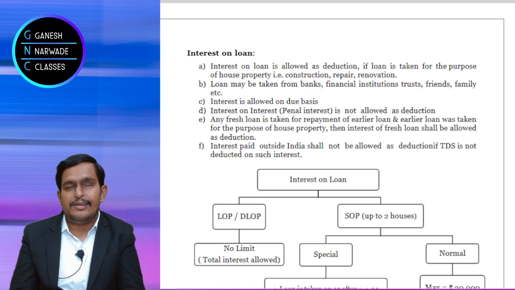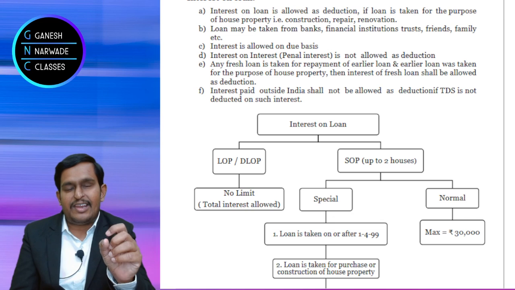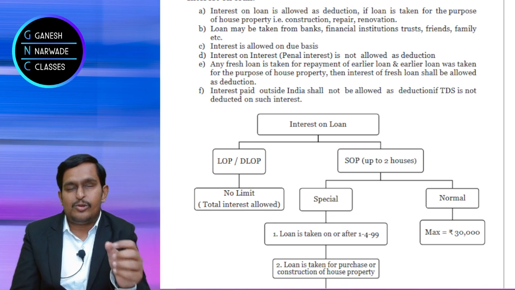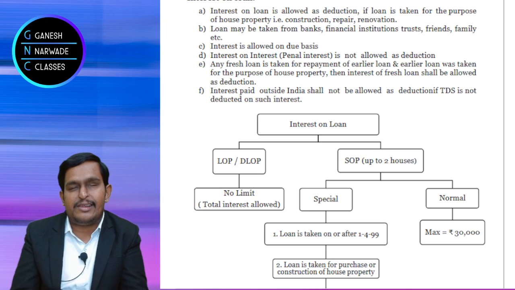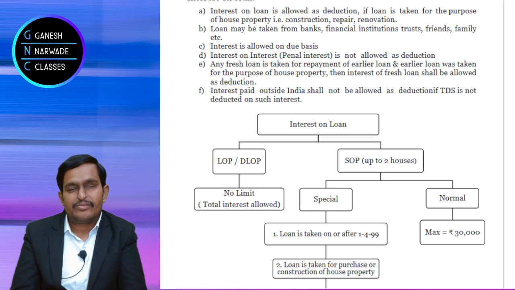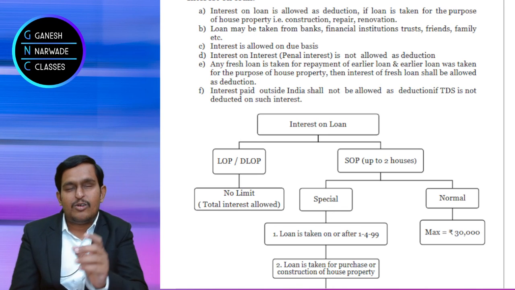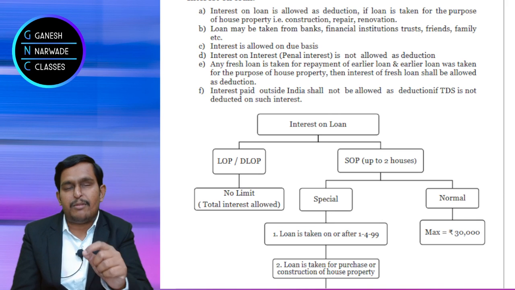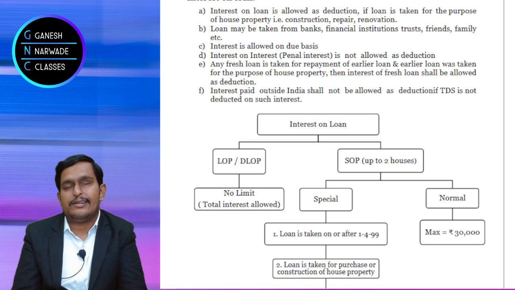Suppose you took the loan from Bajaj Finance at 10% interest. Now because you paid for 2-3 years, you are getting a good offer from HDFC at just 6%. You transfer the loan from Bajaj Finance to HDFC. In that case, the old loan is cancelled and a new loan is created on the principal amount which is transferred. On that principal amount, interest will again be allowed as deduction.